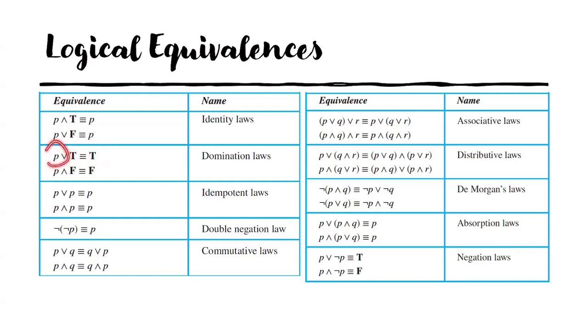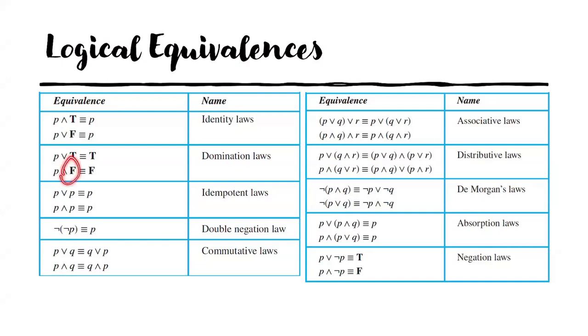So you don't really care about the P. Now, when you have P conjunction with a false statement, a proposition that's always false, then your result will be false, because the only time to make a conjunction statement true is when both of the statements are true.